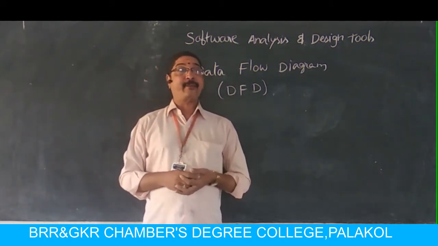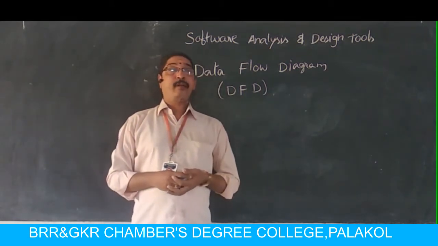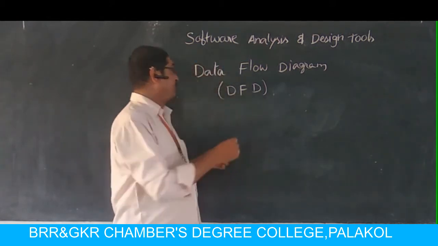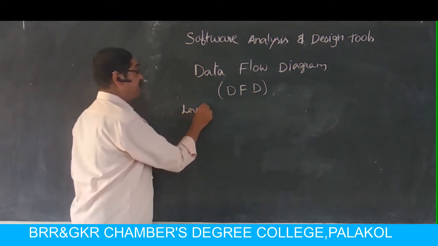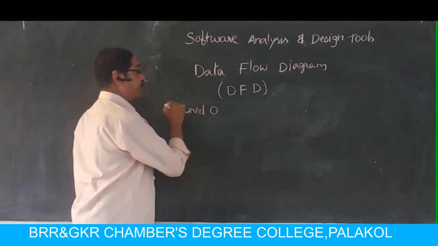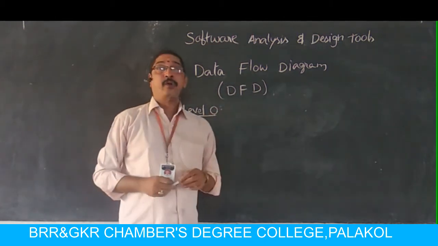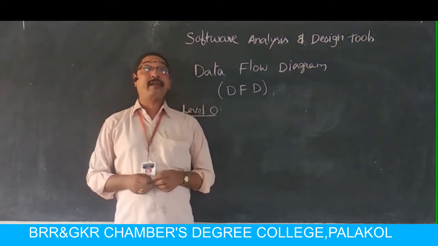First, let us see. Now, I want to give you level 1. How you can define level 1 data flow diagram? That is first one. Sorry, level 0 I am going to explain. First one is level 0. What is the definition of level 0 and how it will be represented?